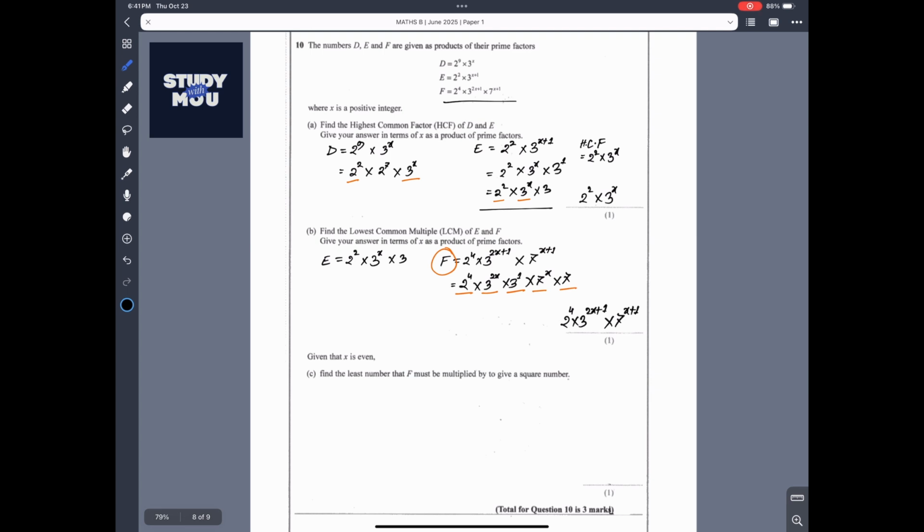Let's see what they asked in 10c. Given that x is even, find the least number that F must be multiplied by to give a square number. F must be multiplied by what to give a square number? Let's write F. F is equal to 2 to the power 4 multiply 3 to the power 2x plus 1 multiply 7 to the power x plus 1.